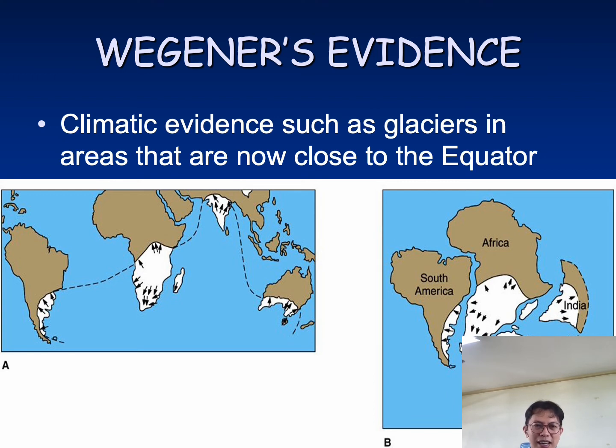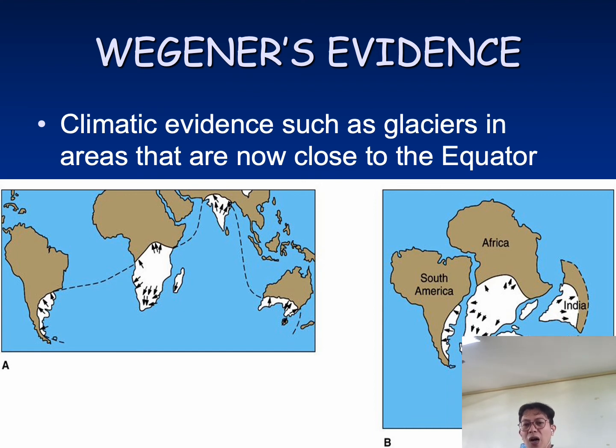These continents are before compact or magkadikit lang ito sila. And the same with this another continent. Meron siyang glacier formations which can in fact be fitted sa mga edges din ng different continents. So may pattern siya sa glaciers. And these glaciers are located close to the equator.